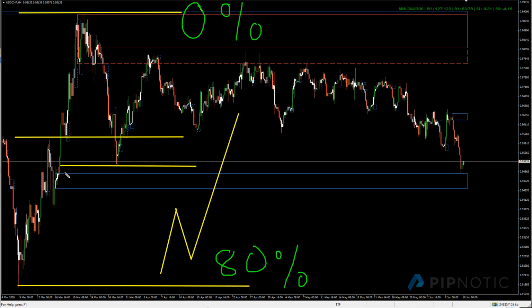This here is the origin of this move, and it is an origin because we have well-formed demand, so this becomes the 80%. This is 0%, and this is about 50% just in the middle here. The closer price comes to the highest possible probability, the better.